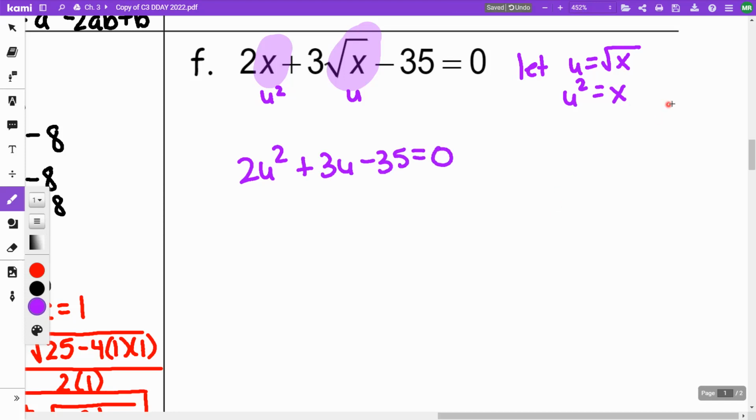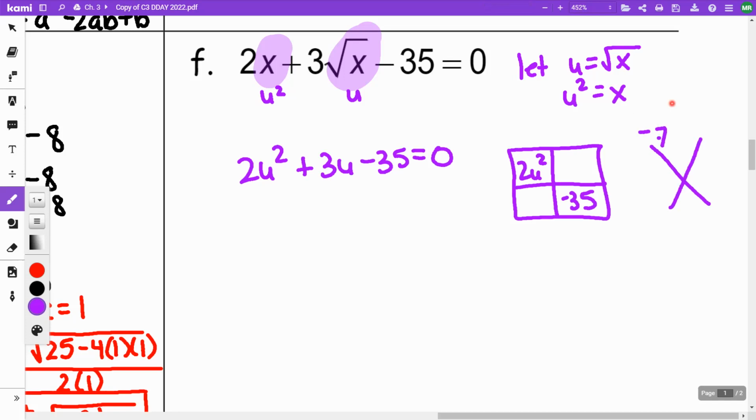Okay. And I am going to factor that. So 2u squared times negative 35 is negative 70u squared, and it has to add to 3u. So that's going to be a 10u minus 7u.